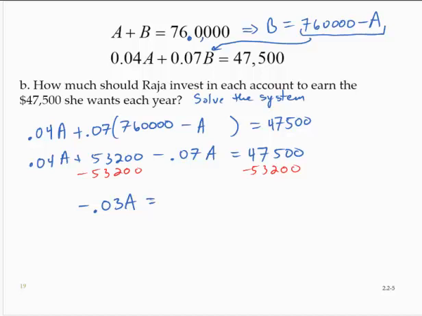47,500 minus 53,200, which is negative 5,700. And dividing by the negative 0.03 gives 190,000.